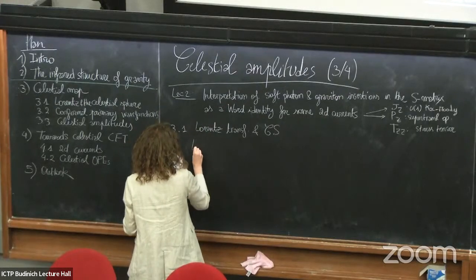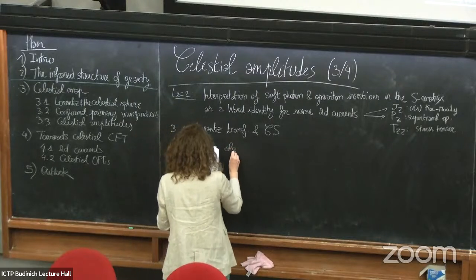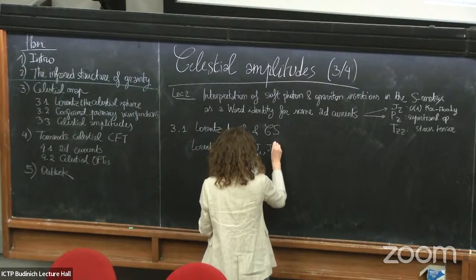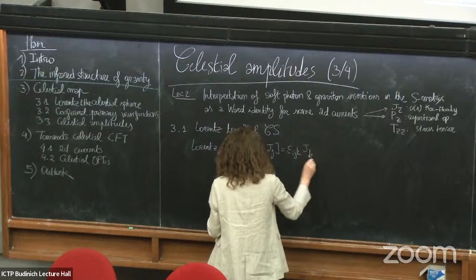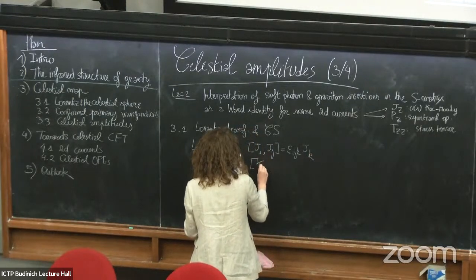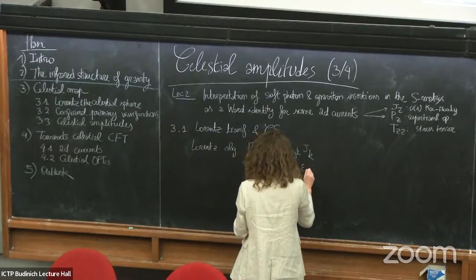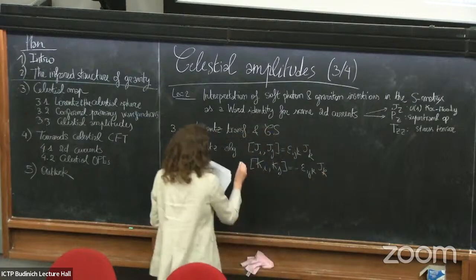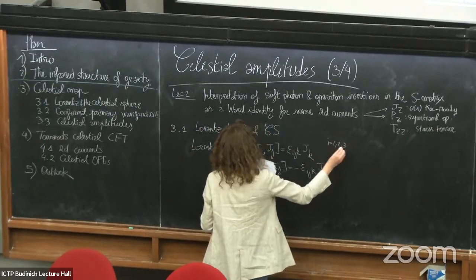So let me write down the Lorentz algebra, just to start slowly, where I use the notation J_i and K_i, with i being 1, 2, or 3.